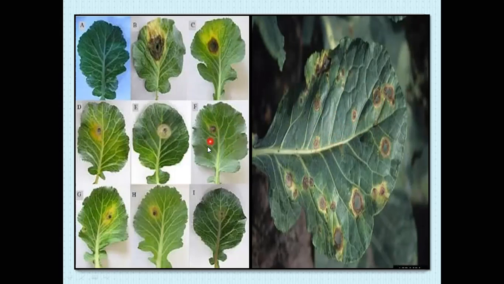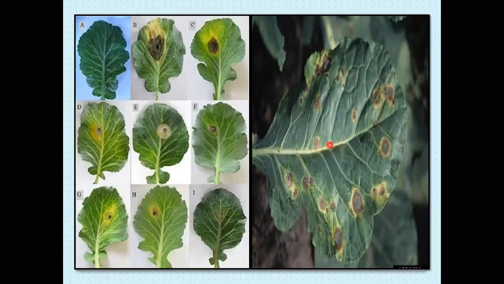You see these dark brown spots. These light and dark concentric rings give the appearance of target spots. A yellow halo may be surrounding the lesions. Dark brown lesions with yellow halo borders are seen irregularly on the surface of the leaf.